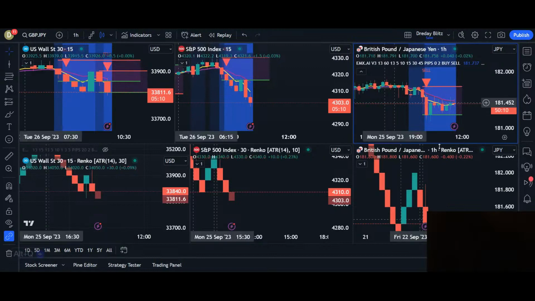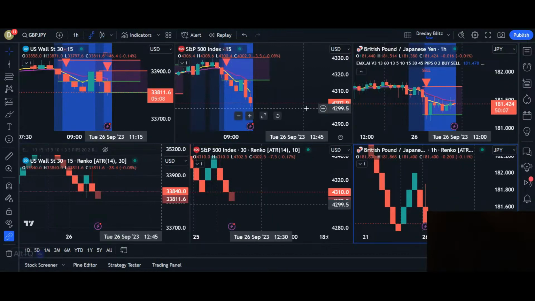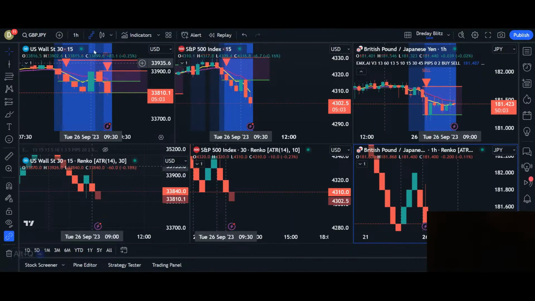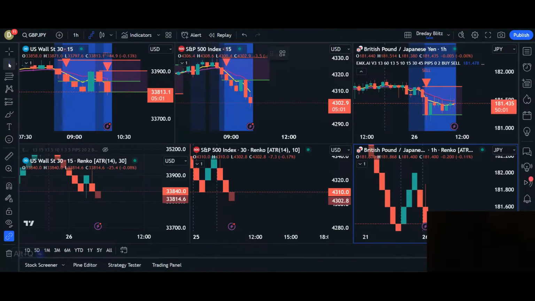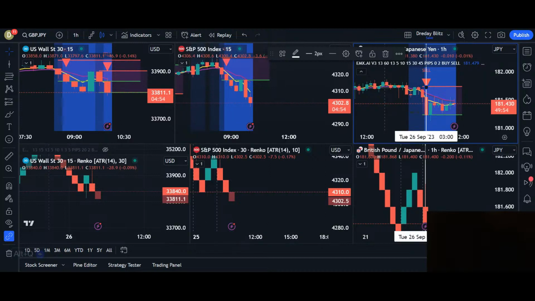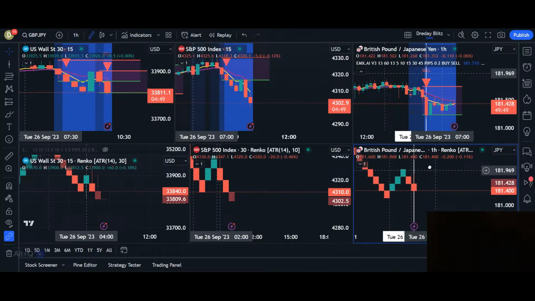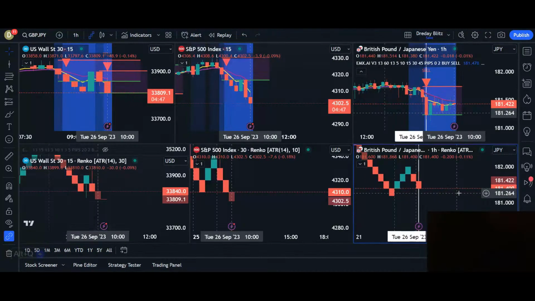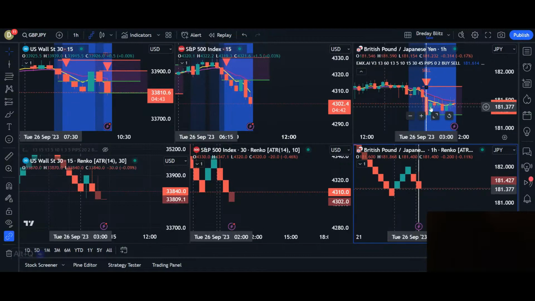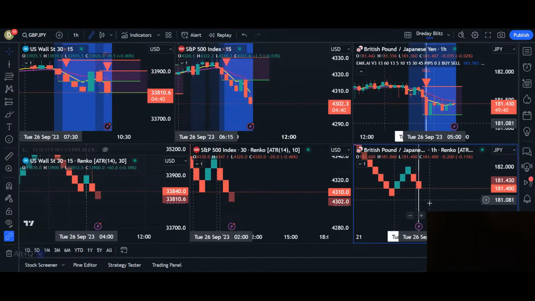I'm just going to go back on the Renko bars and make sure it's on the 1 hour. Double check. Yes, perfect. So let's put a vertical line on the candle. That's exactly the entry based off of the Renko and the signal.